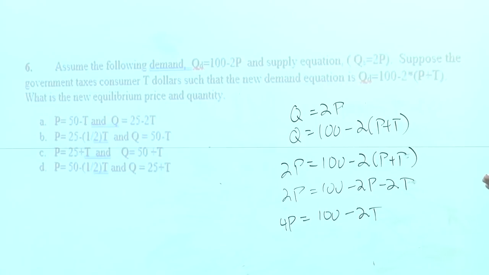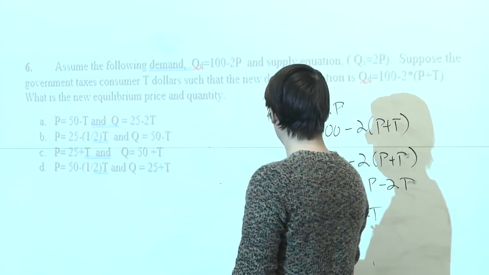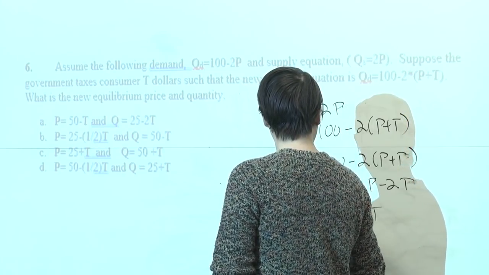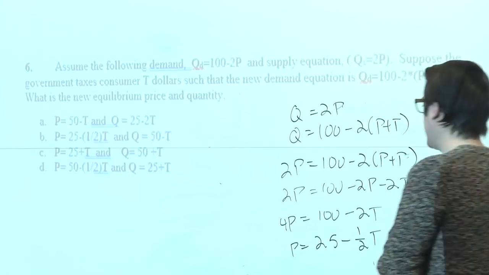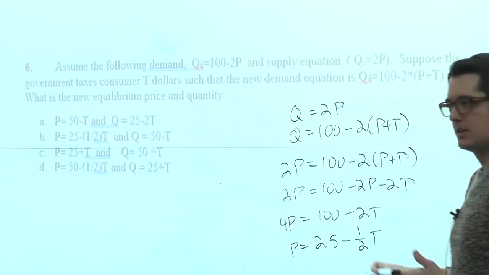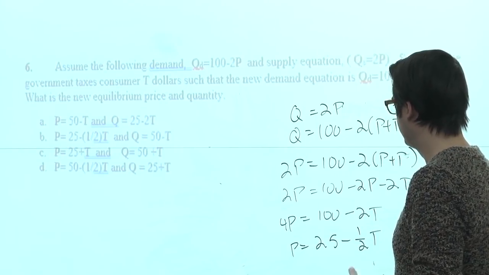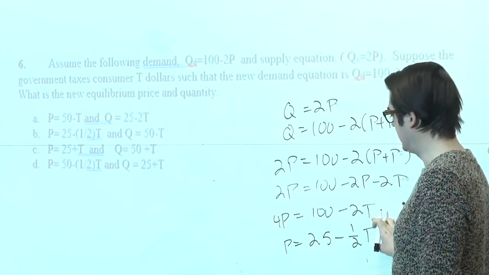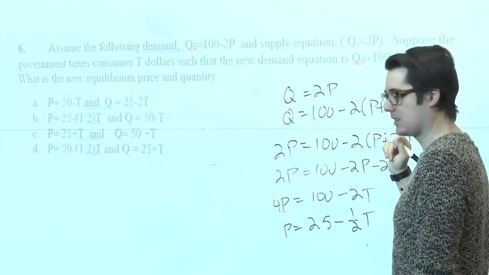Now we can divide through by 4. And we get a price equals 25 minus 1/2 T. Okay, so that is going to be our equilibrium price, right? It depends on the size of the tax.